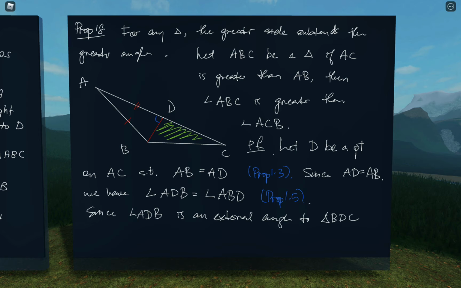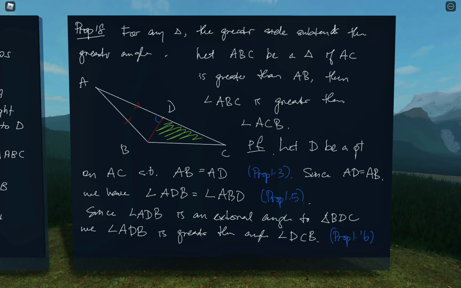So that's the external angle to triangle BDC. We have from proposition 1.16 that the external angle is bigger than the opposite internal angle. So we have angle ADB is greater than angle DCB. All right, so this is proposition 16.